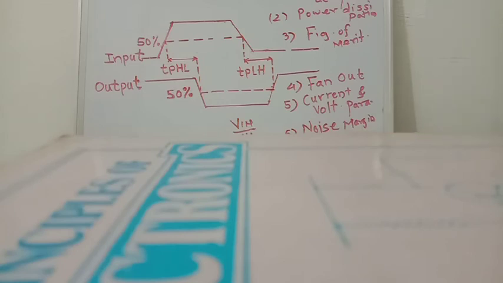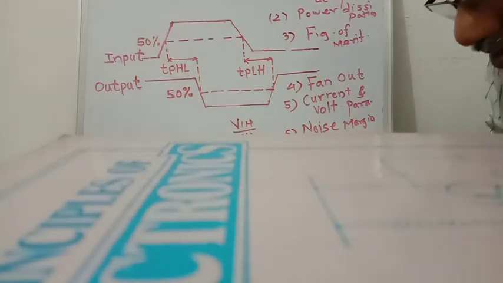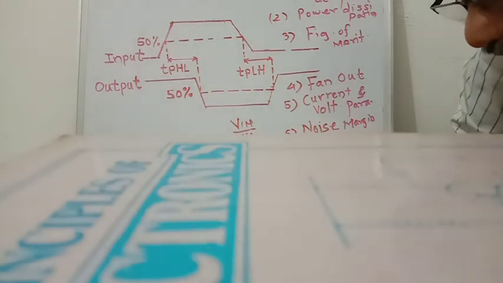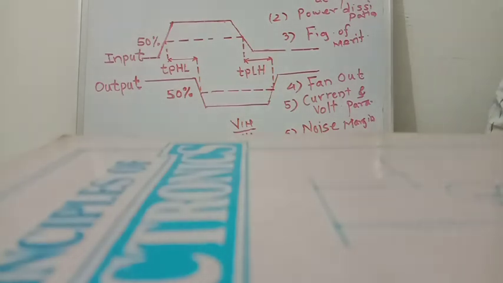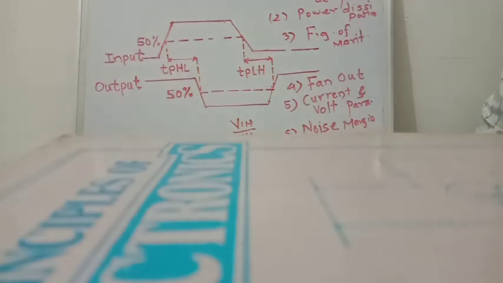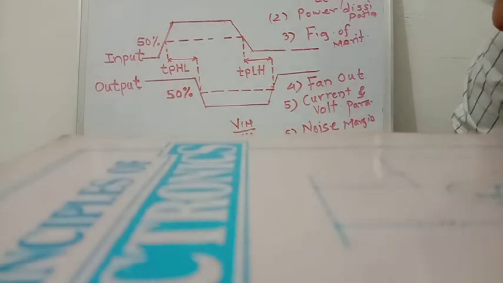Then high level input current, IIH. This is the minimum input current which must be supplied by the driving source, corresponding to 1 level voltage. Then low level input current, IIL.